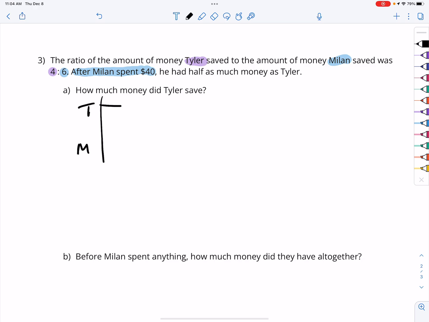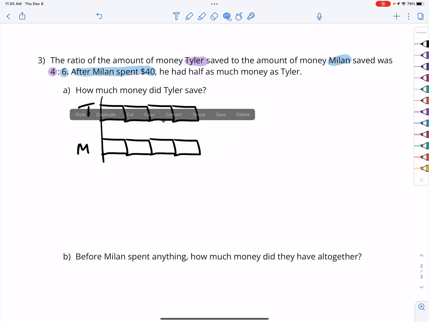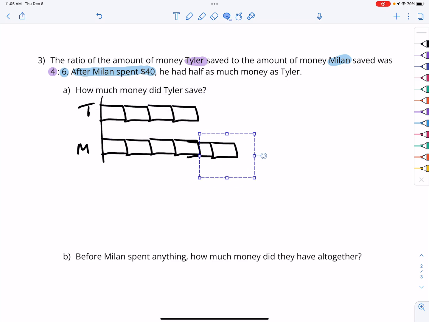We start out, and it was 4 to 6. So here is 4, there is 6, and it looks like Tyler was the purple, Millen was the blue.